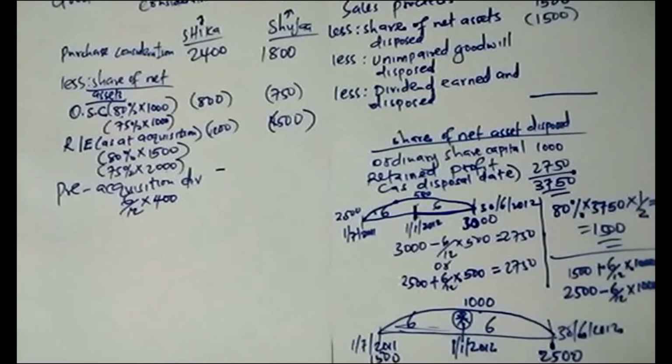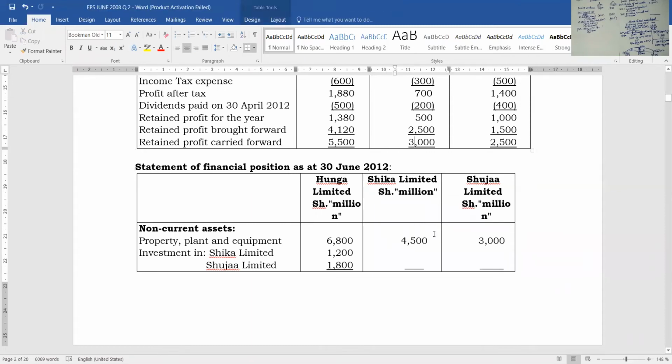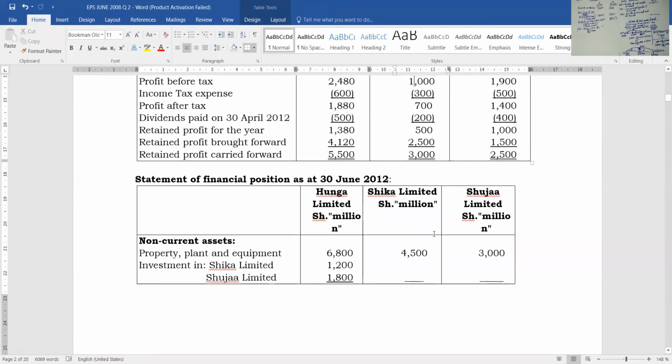I can show you where I'm getting the 400 from. So this is the dividends paid. So the 400. That is the relevant dividends which Shuja paid.